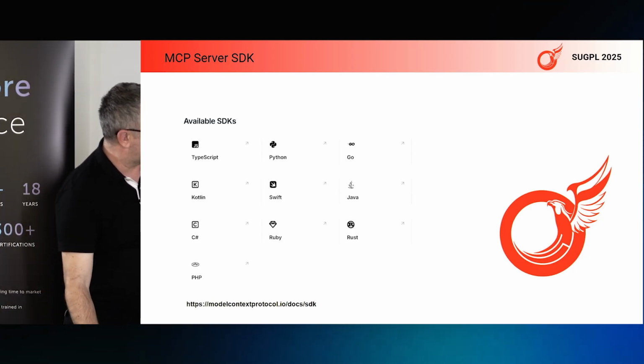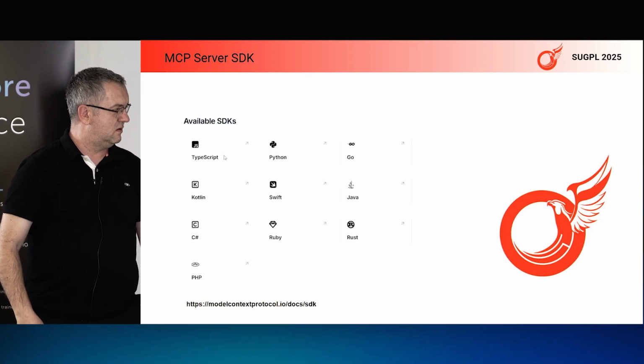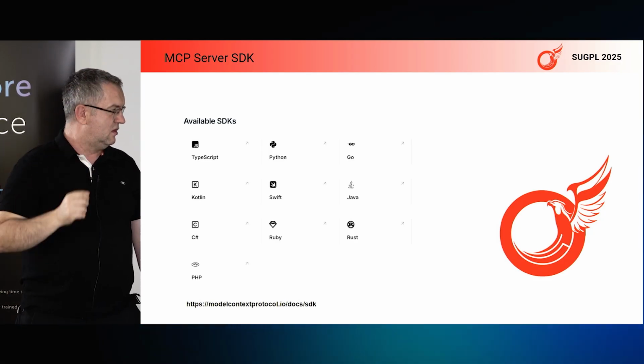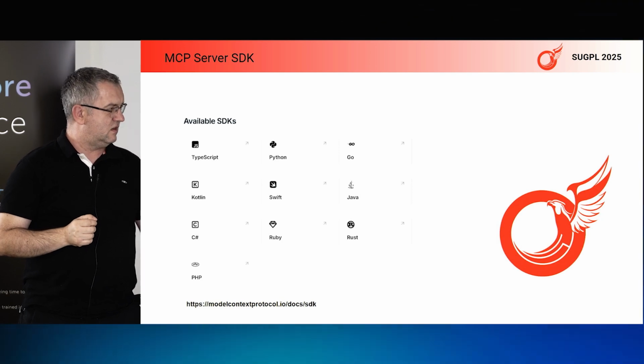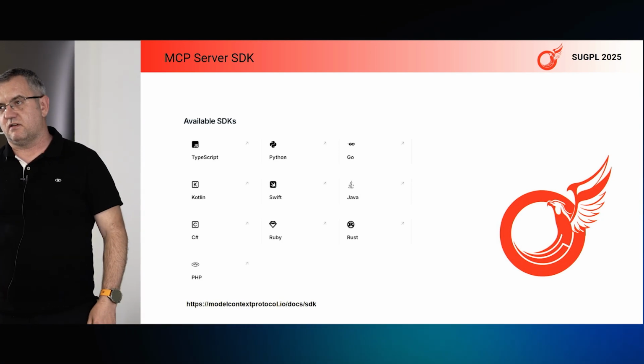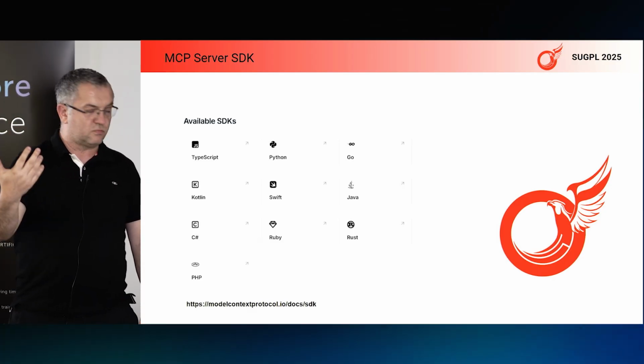Then I looked at TypeScript, and they have a really up-to-date version. All the SDKs should have the same functionality, so you can create an MCP server to create tools, resources, or prompts.